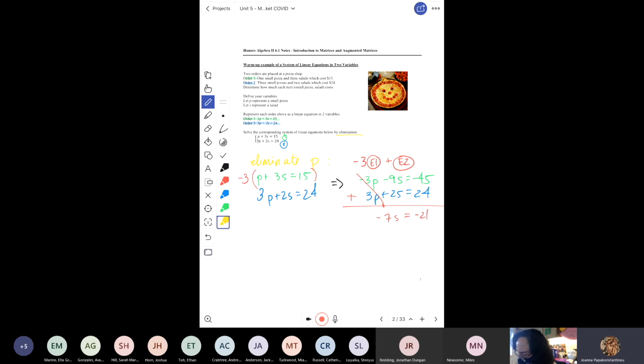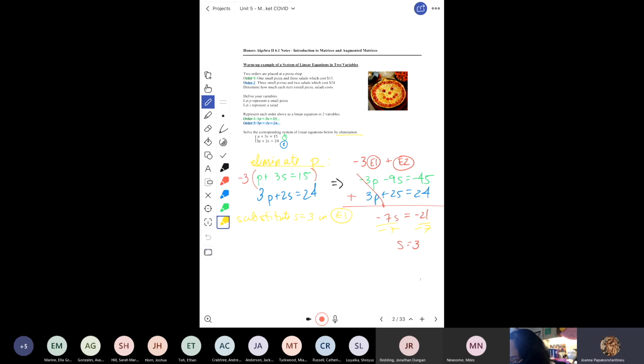Okay, and then my next step would be perhaps to divide by -7, and that would give me the value of S. Now, am I done? No, because the only thing I know is S. So how am I going to solve for the value of P? Okay, so I'm now going to substitute S equals 3 in equation 1.